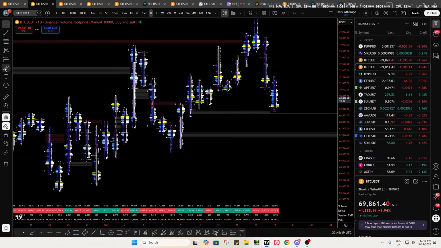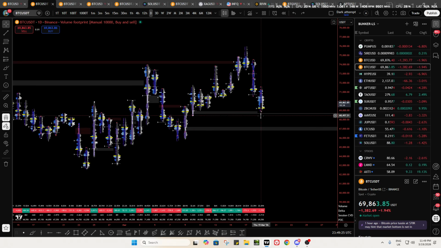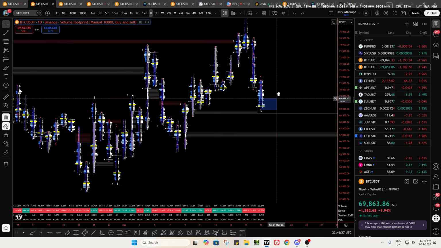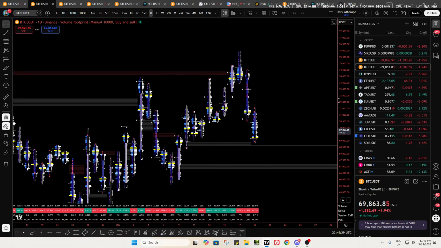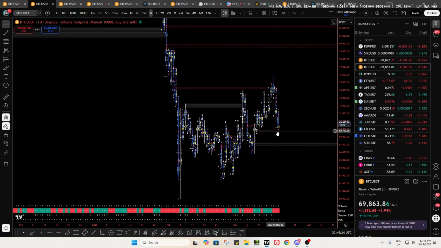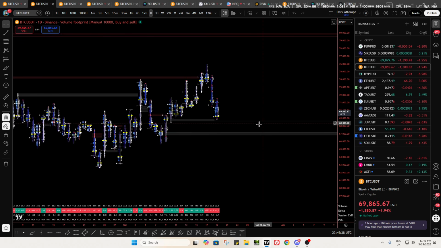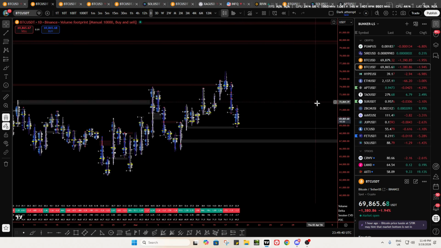Buy side imbalance starting to get filled. Obvious target, this is lost. We have 67.66, but if this is not lost, then this could lead to a very nice bounce because that's a daily backfill. We took out the sell side imbalance first, take out the buy side imbalance. I would love for both of them to get filled just so there's no inefficiencies, but there's no telling if it will or not.